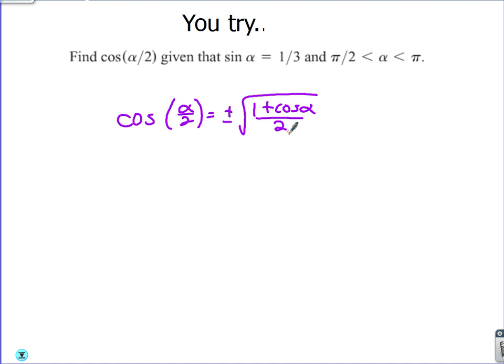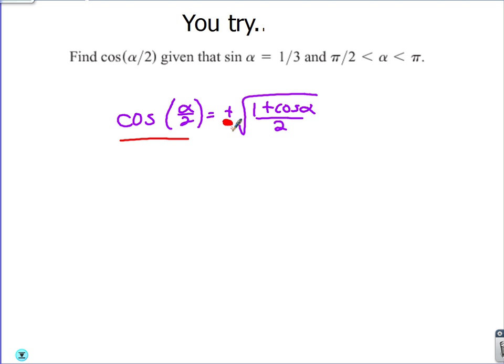Plug in what we know. Well, first off, let's determine if cosine of alpha over 2 is going to be positive or negative. Alpha is in the second quadrant, between 90 and 180, so half of alpha, which is what we're looking for, will be in the first quadrant, so it will be positive. So we can do away with the negative there.